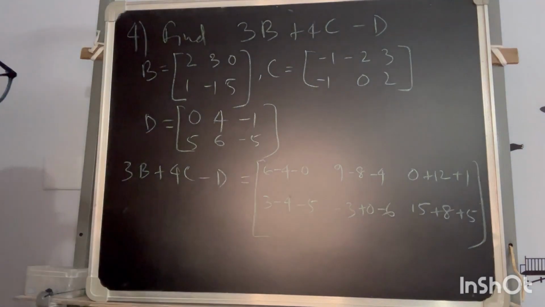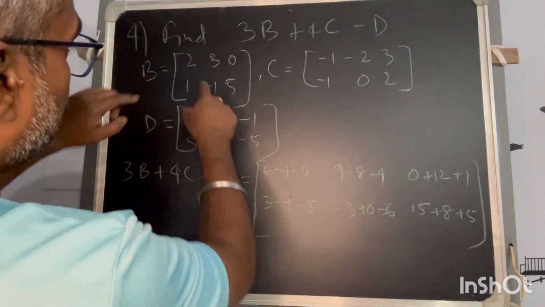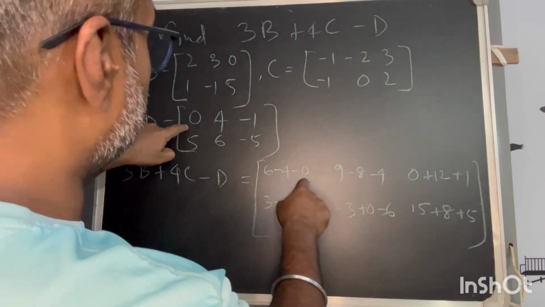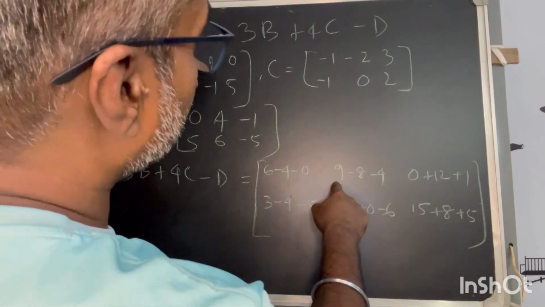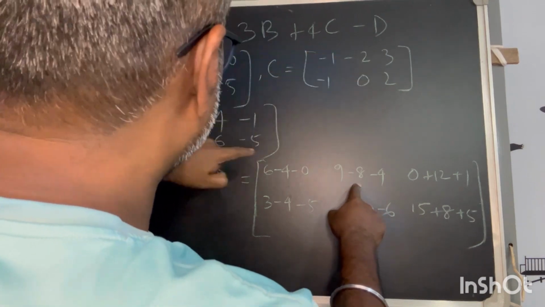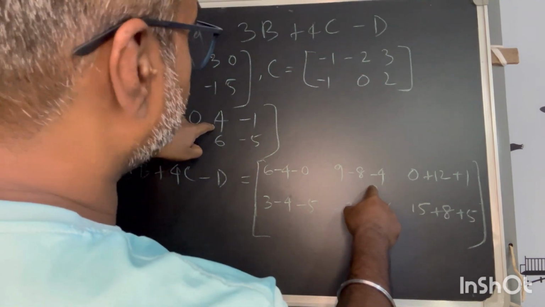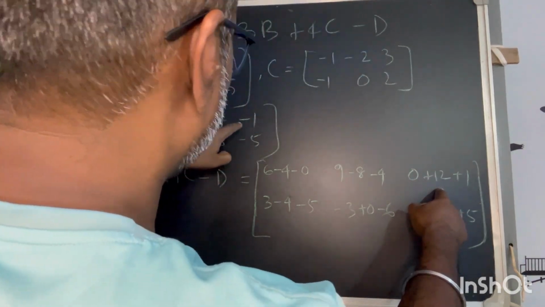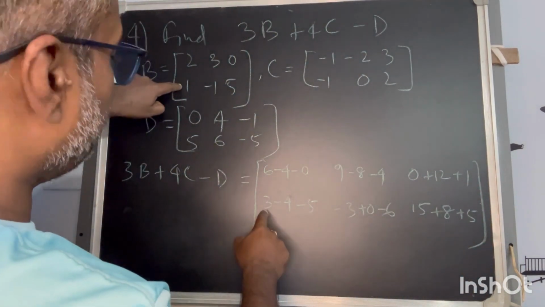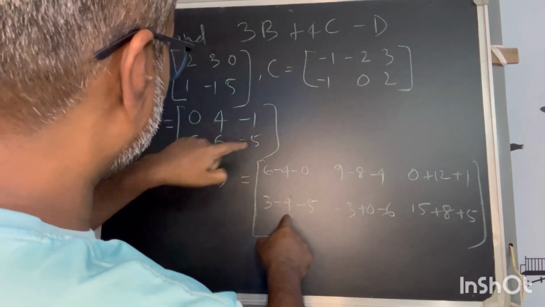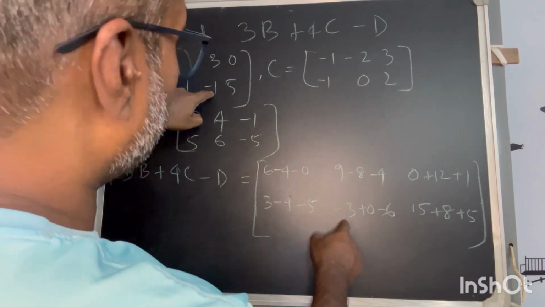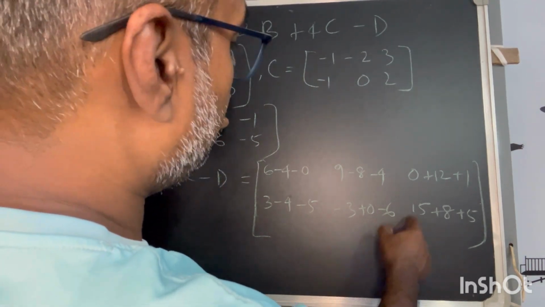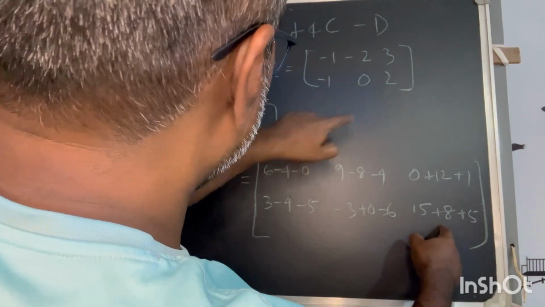Now you just cross check it once. 3 into 2, 6. 4 into minus 1, minus 0. 3 into 3, 4 into 2, and minus 4. 3 into 0, 4 into 3, minus, plus. 3 into 1, 4 into minus 1, minus 5. 3 into minus 1, 4 into 0, minus 6. 3 into 5, 4 into 2, minus.